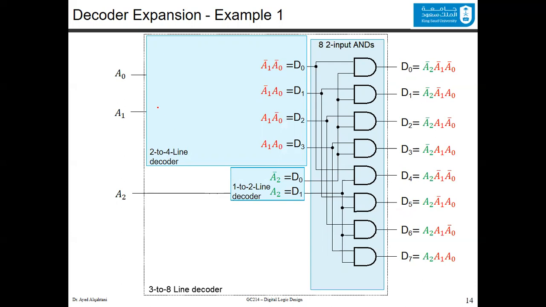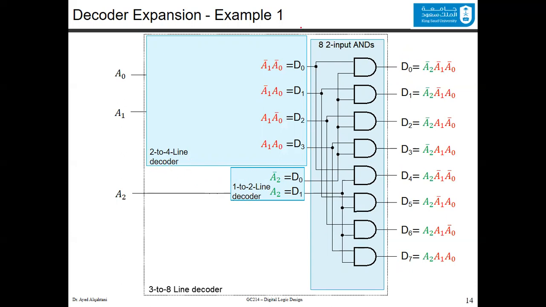Now, since we know now the inputs and the outputs, certainly before every output line, you will have an AND. And because of this, you will have 8 different ANDs. Now, to do the decoder expansion, we said for the 3 to 8 decoder, we will use one 2 to 4 line decoder and another 1 to 2 line decoder.